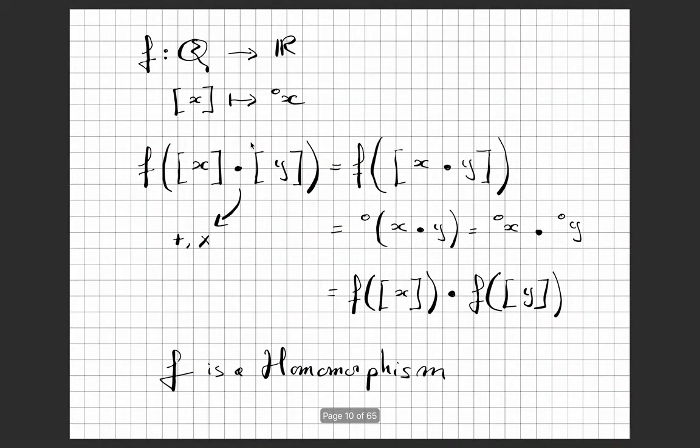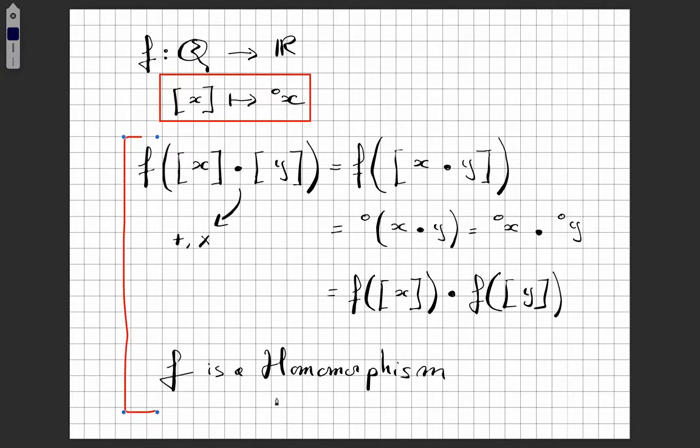And so now you are in a position to define the function f, which takes elements in Q and maps to R. And the idea is to define the function like this. For every equivalence class, you take the shadow of x. The first step is to show that f is a homomorphism, and this is very easy to do. You just start with f acting on the composition of two equivalence classes.